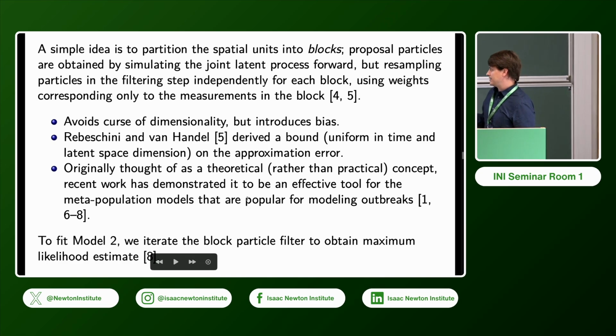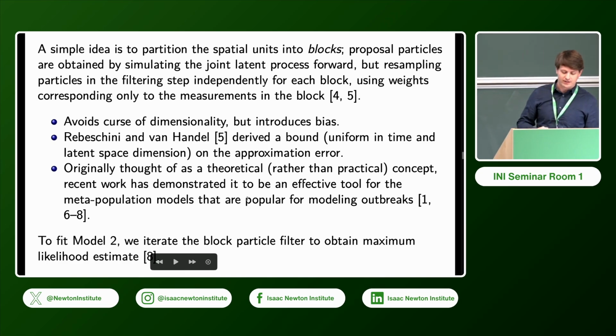But it turns out that it's actually a pretty practical method as well. In previous work by a fellow student in our research group, he was working on developing some high-dimensional filtering methods, and a reviewer said, hey, why don't you try the block particle filter? And on the suite of models that he tried all the methods on, it turned out that the block particle filter outperformed practically everything else, which was a bit of a surprise to us.